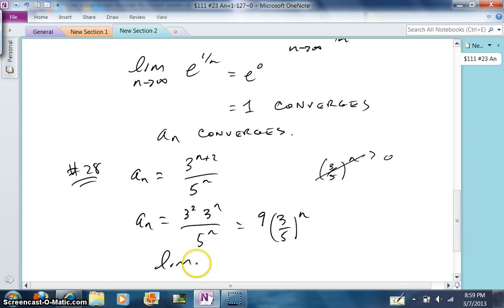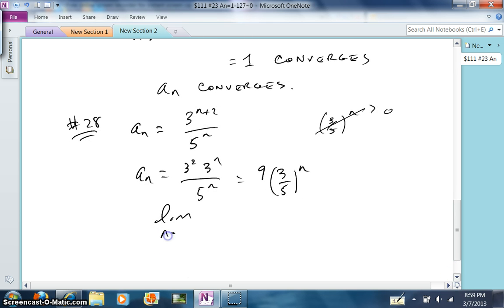So the limit as n goes to infinity of 9 times 3/5 to the n, well, this part goes to 0 simply because I have r to the n. r to the n goes to 0 if the absolute value of r is less than 1. So if r is a fraction, like 3/5, this goes to 0, so this limit is 0, and so a_n converges.